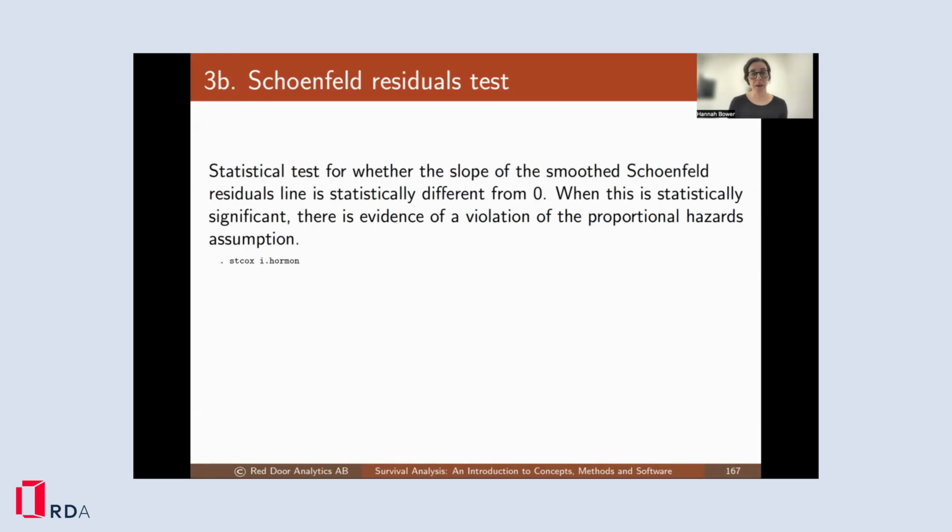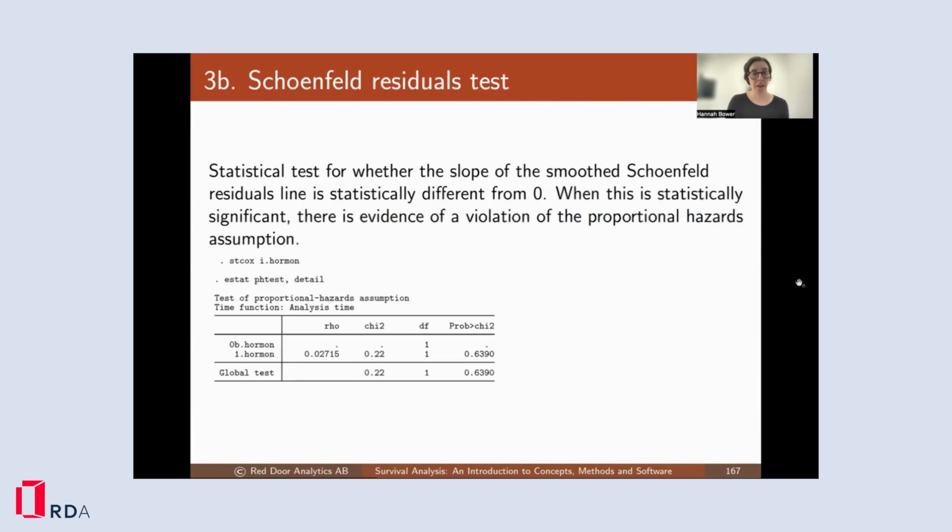So what we can do is we can fit a Cox model here with hormonal therapy included in it. We can then use this estat ph test command and use the detail option to perform this test. And what we would see in this model that only has hormonal therapy, we would see this output which says test of proportional hazards assumption.